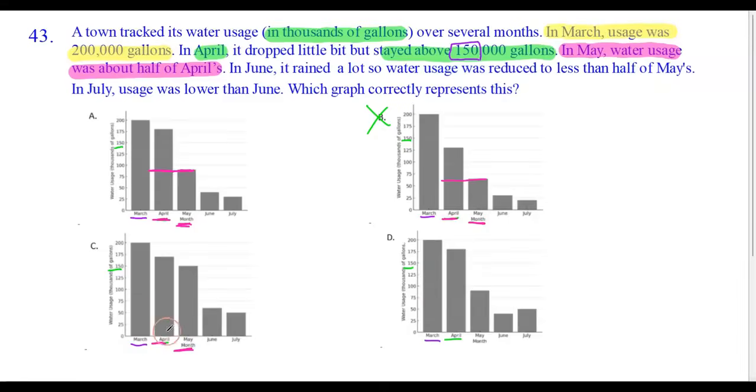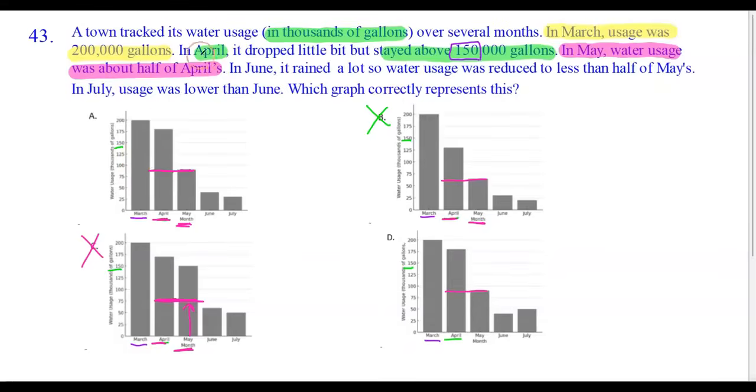Well, let's cut April in half. If I cut April in half, it's about right here. So May would have to be, I'm just estimating, only this high. It's too high. Hopefully you can visually see that May is not half of April. So C's gone. Then we go to D. It appears here that May is half of April visually. So I keep D. So now I have a 50-50 chance.